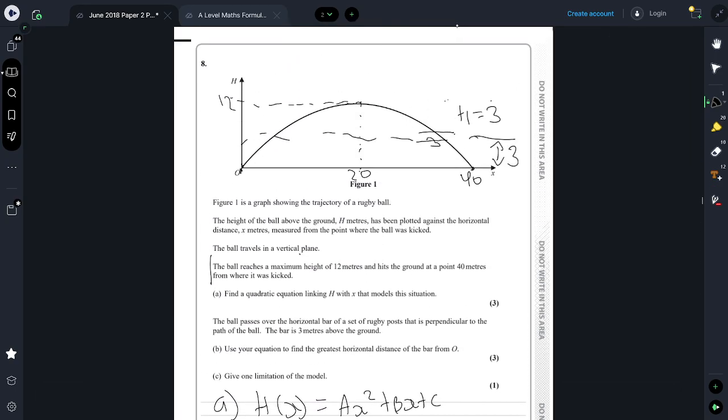Well, it's corresponding to this point here and this point here. So that's 2.7 that we found, and the other one was 37.3.